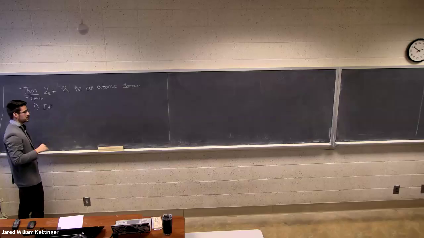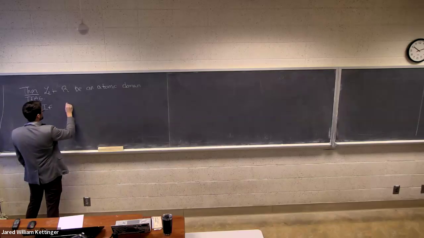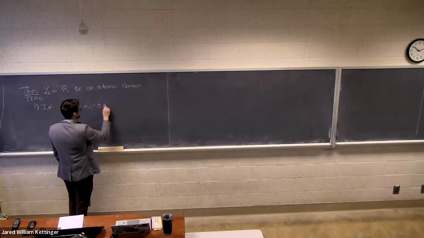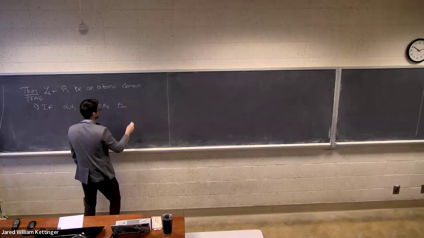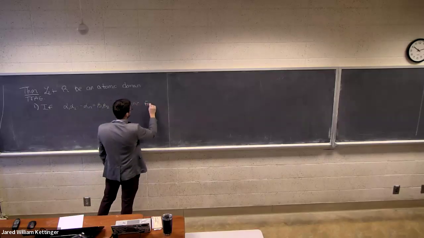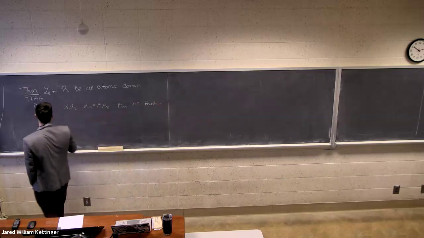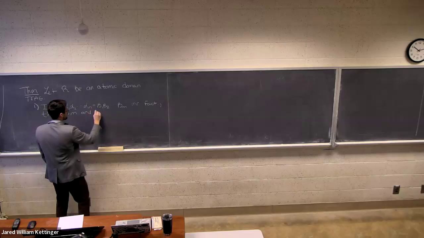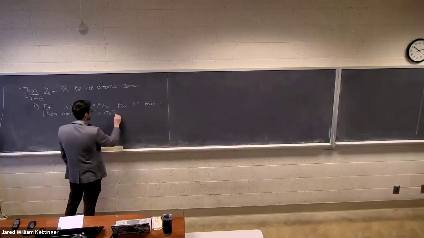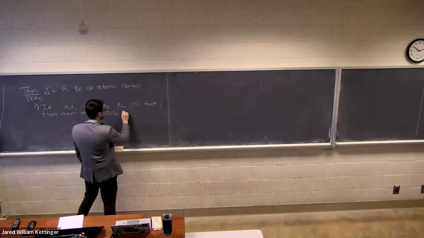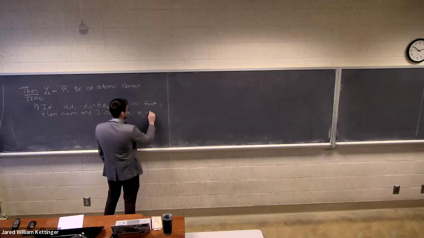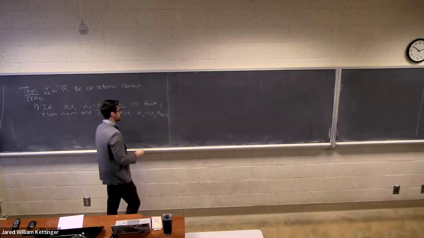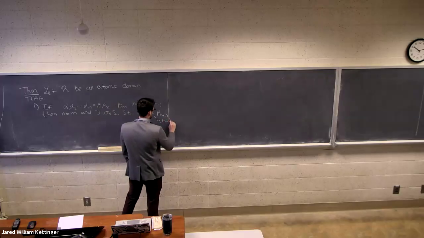The first and most direct definition of a UFD is: given any two irreducible factorizations, then n equals m, and there exists some permutation sigma of the elements such that alpha_i is equal to beta_sigma(i) times some unit u_i.